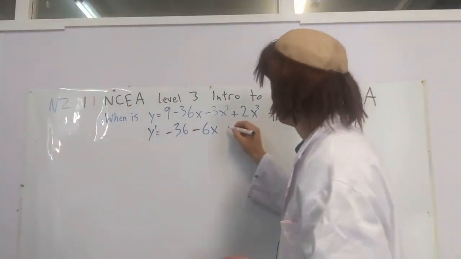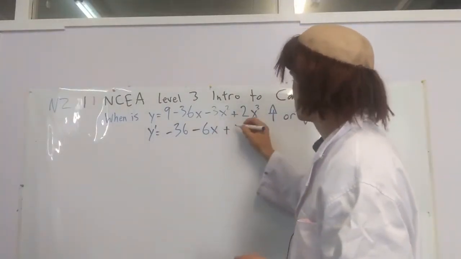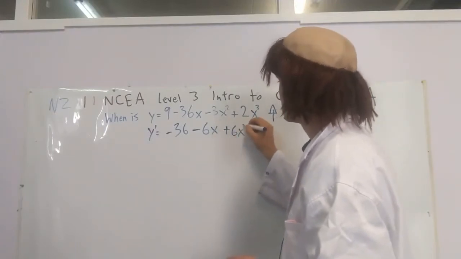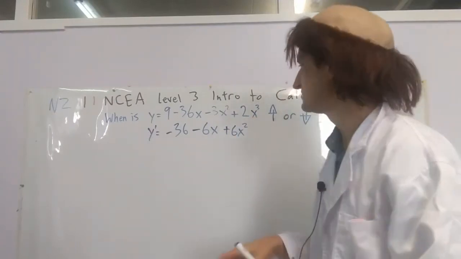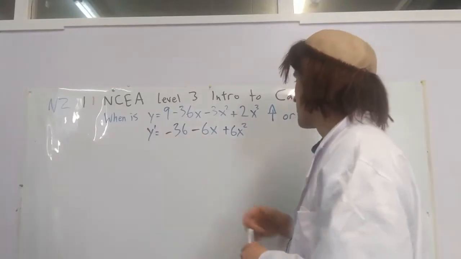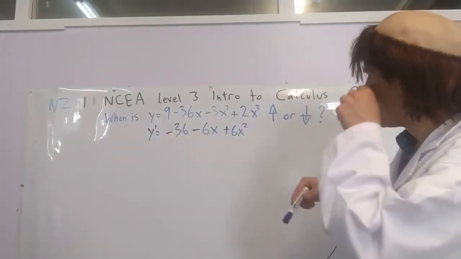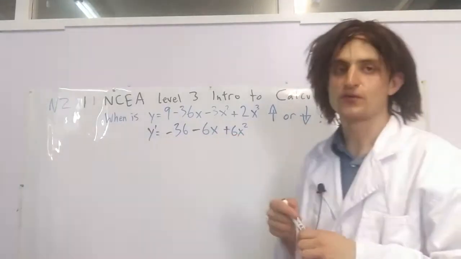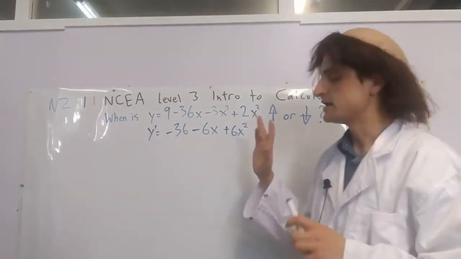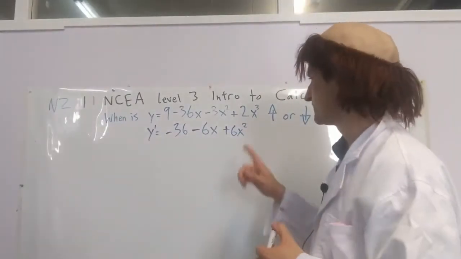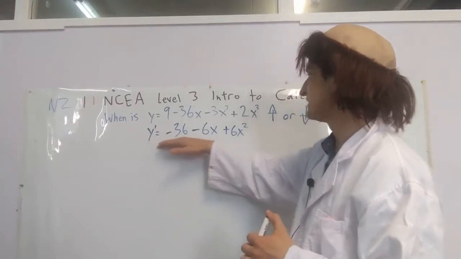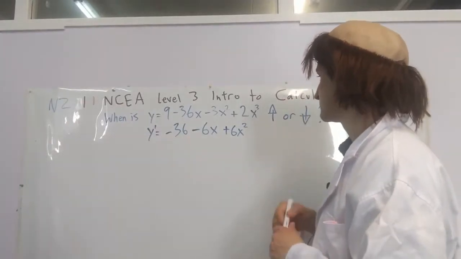2x cubed becomes plus 6x squared. This is our derivative, and we're only interested in where it's positive or negative. A step I've taken to simplify it is to divide everything by 6.